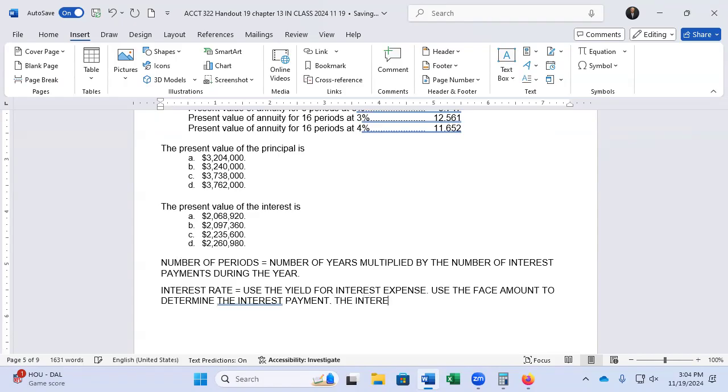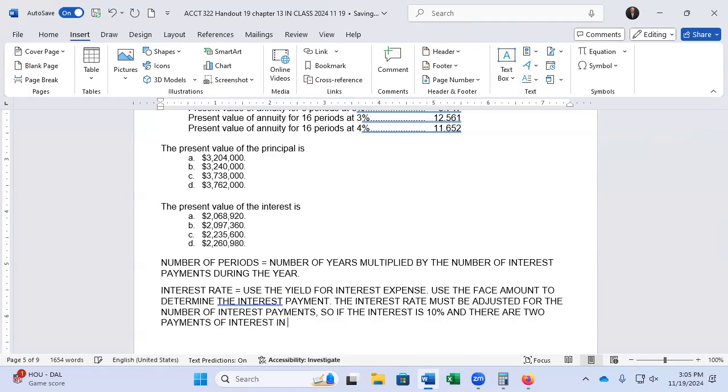And then the interest rate must be adjusted for the number of interest payments. So if the interest is 10% and there are 2 payments of interest in a year, then use 5%, which equals the 10% divided by 2 for the number of payments.